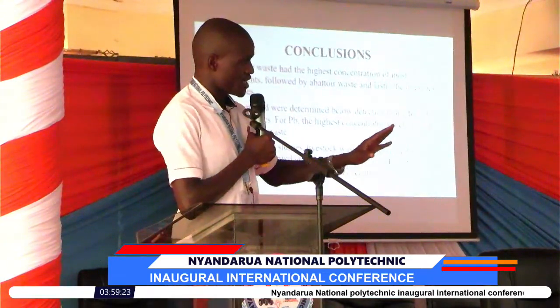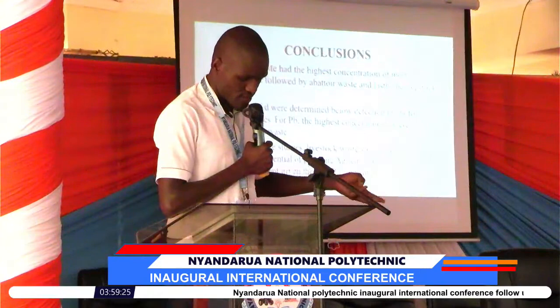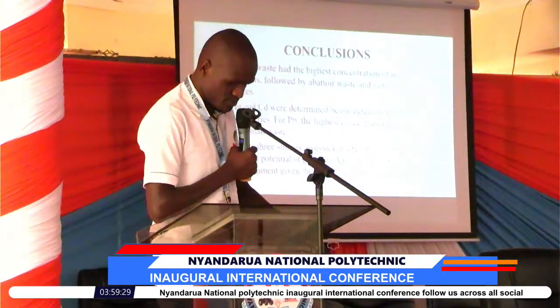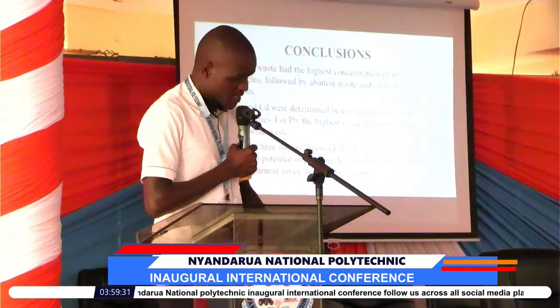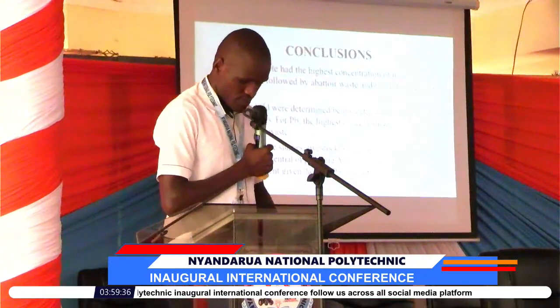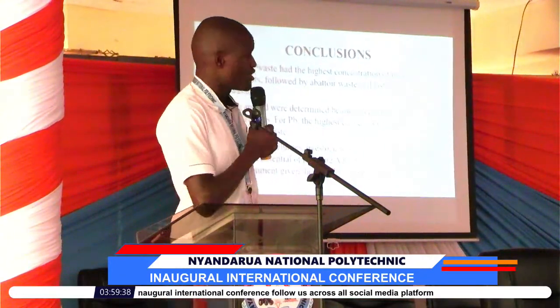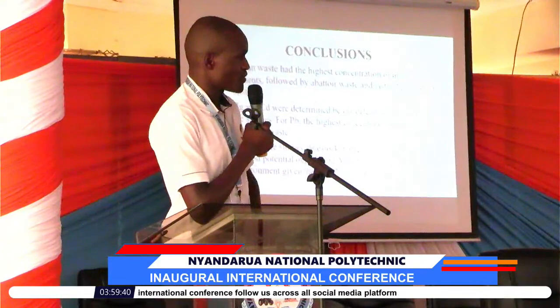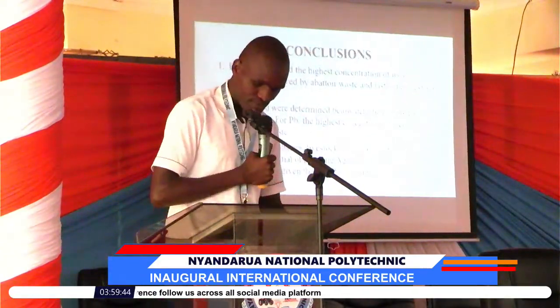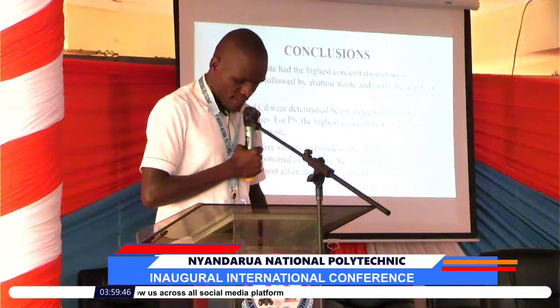So it means there is no danger to the environment as it relates to the two common heavy elements, mercury and cadmium. But lead, which is a common polluter, was highest in human waste, which I said the samples were collected from the Umande region of Kibera, Nairobi.